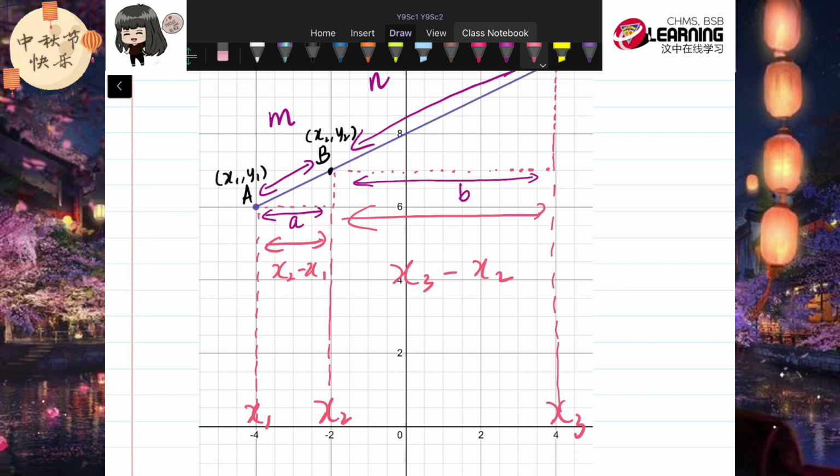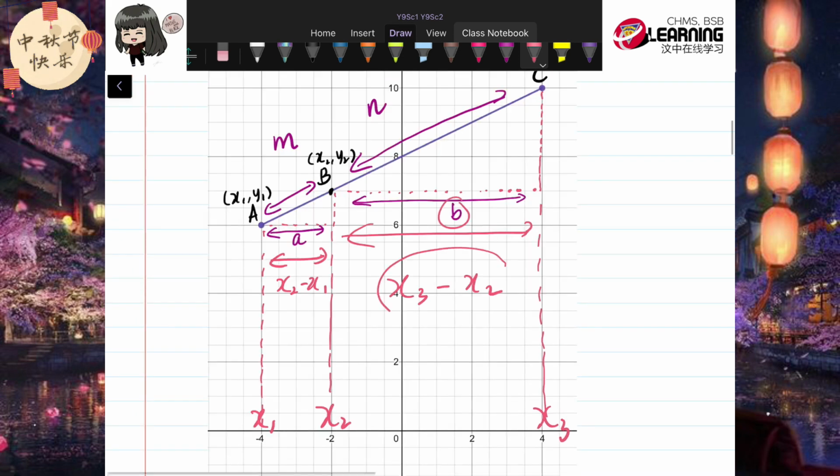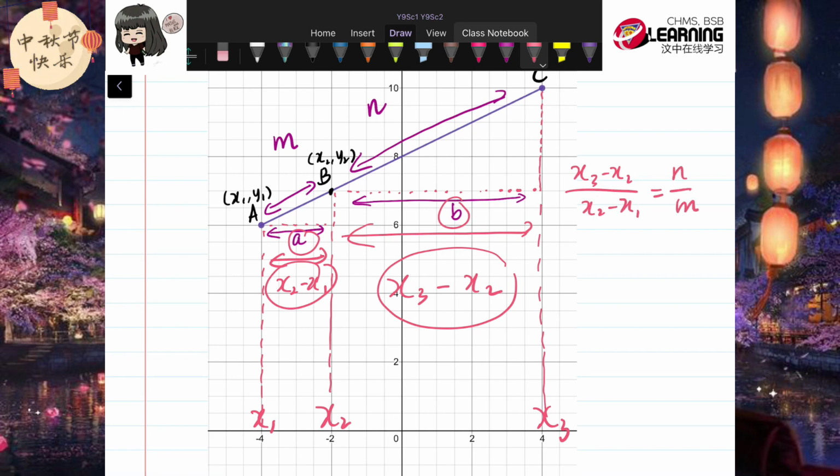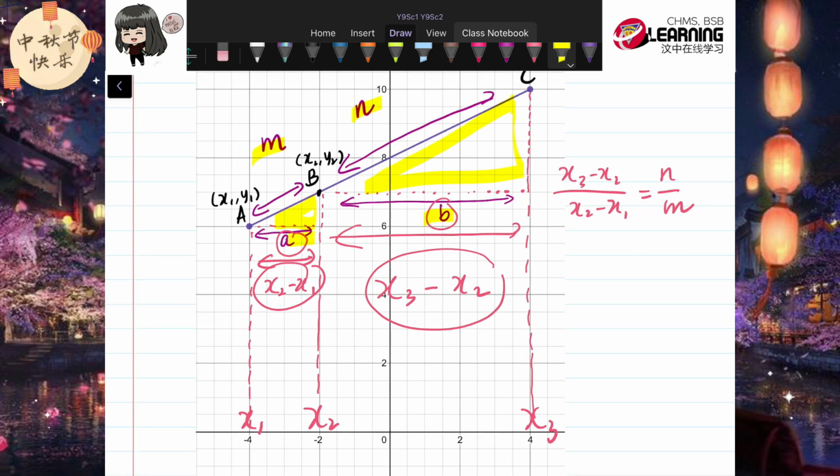So your b is x3 minus x2 and your a is x2 minus x1, meaning your b over your a is equal to your n over m, for the big triangle over the small triangle. If you want, you can also make it x1 minus x2 over x2 minus x3 equal to m over n. But not to confuse you, I stick to one only first, which is like this.